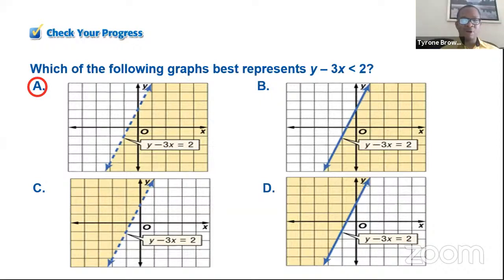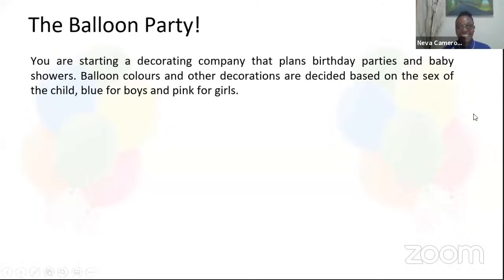Okay, so we'll look quickly at another real life scenario. And this one is near and dear to my heart because my birthday is coming up. We're starting a decorating company for birthday parties and baby showers.